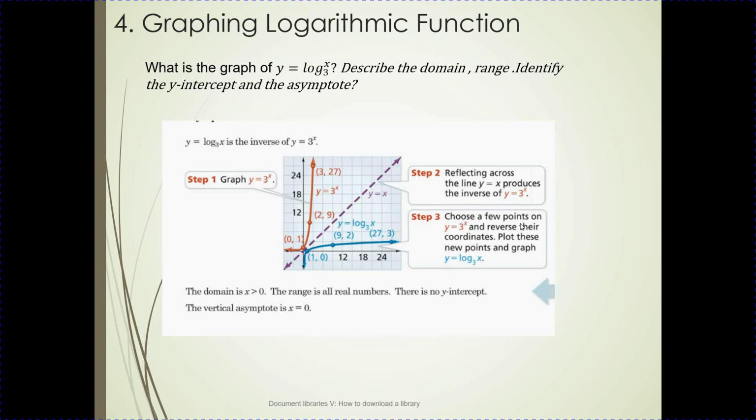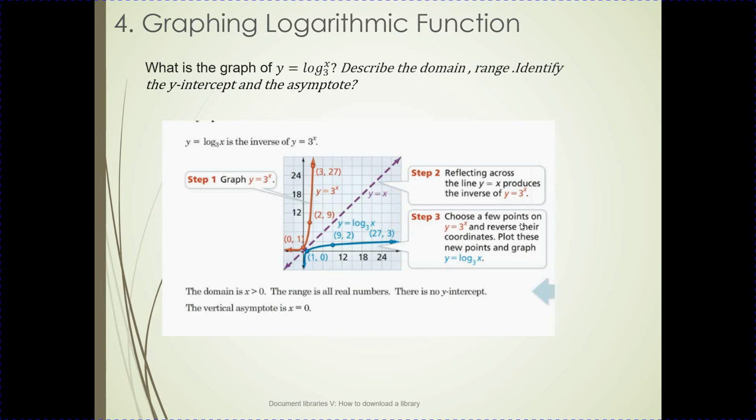That means there is no y-intercept, and the x-intercept will be 1, and the line x is equal to 0, or the y-axis, will be the vertical asymptote. This is the graph of y is equal to log of x to the base 3.